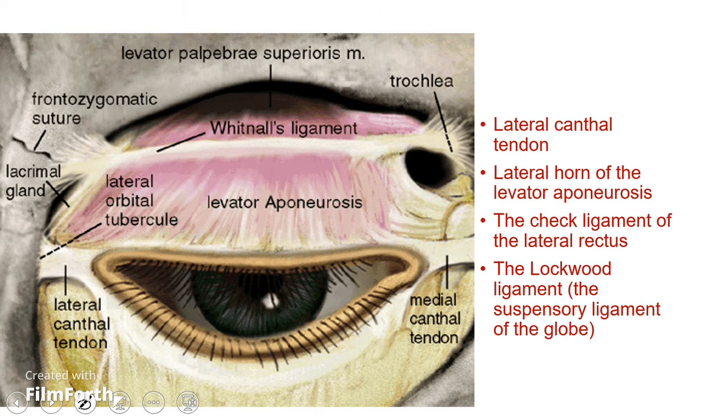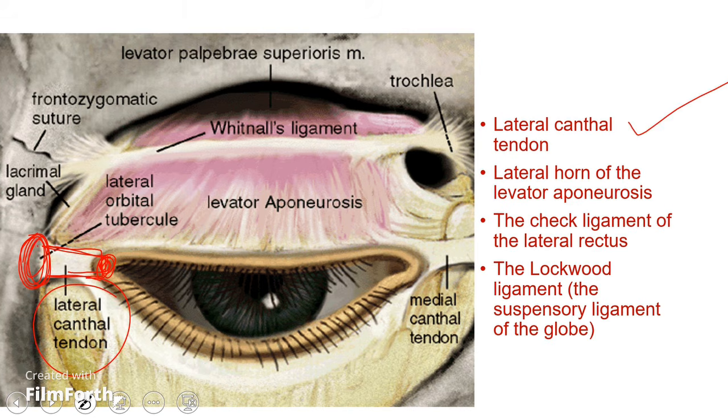This diagram shows you the various attachments of the Whitnall tubercle or the lateral tubercle. The Whitnall tubercle will be present here. You can see the canthus. This is the canthus where the superior and inferior lids meet together. You can see a tendon inserting from the lateral canthus to the tubercle. This is called the lateral canthal tendon.